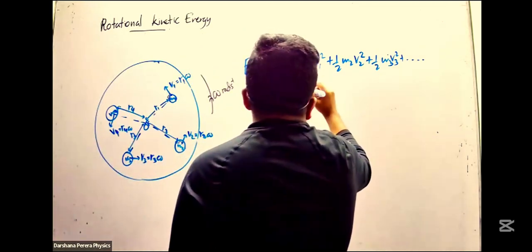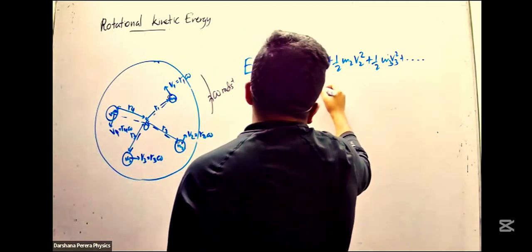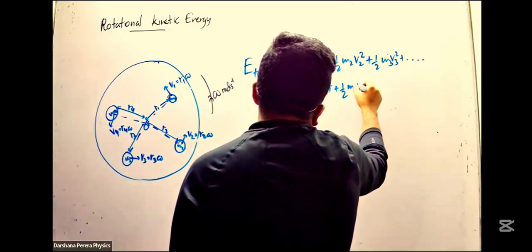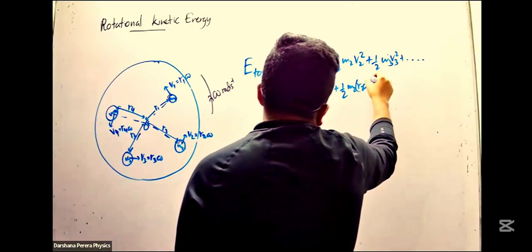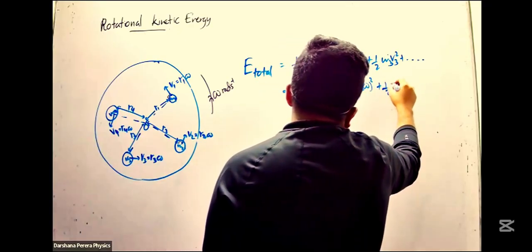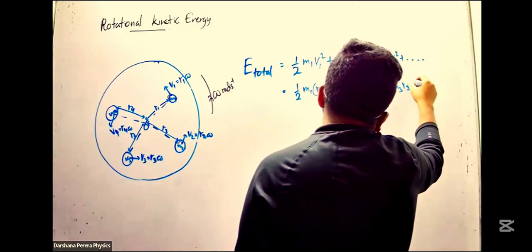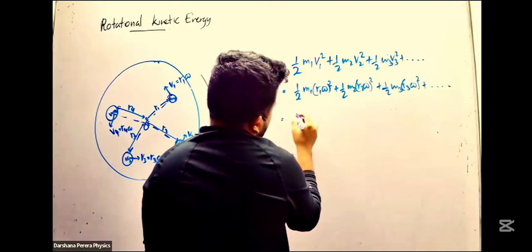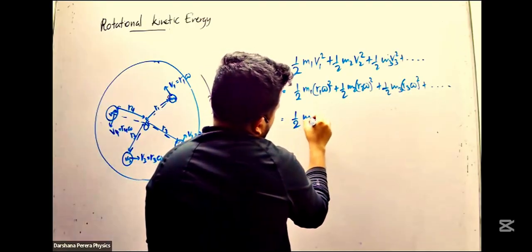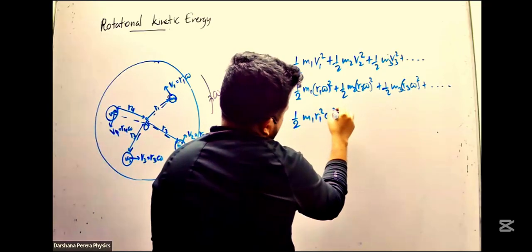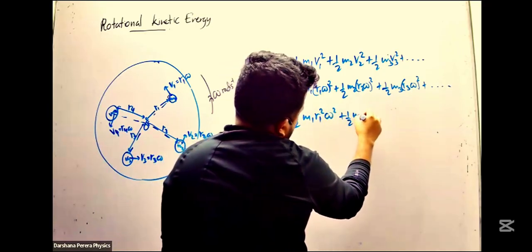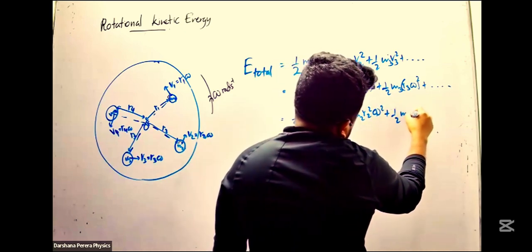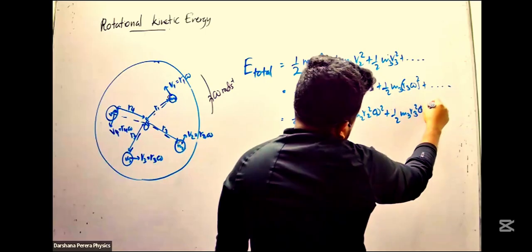Likewise, we can take half m1 R1 square omega square plus half m2 R2 square omega square plus half m3 R3 square omega square.